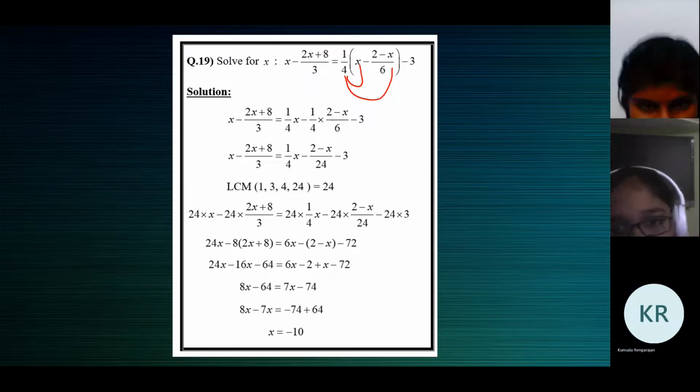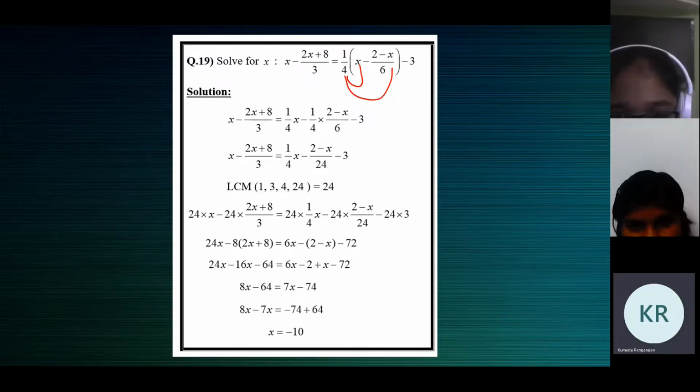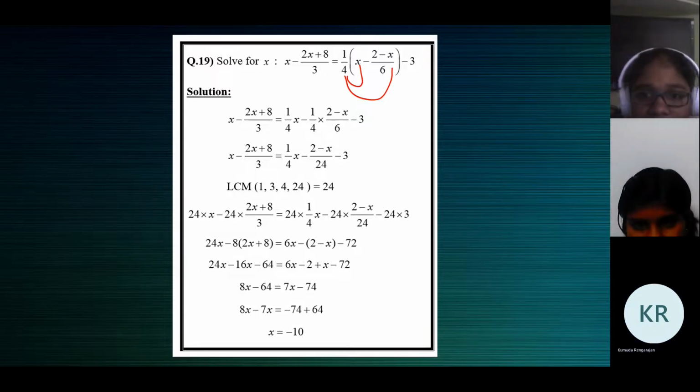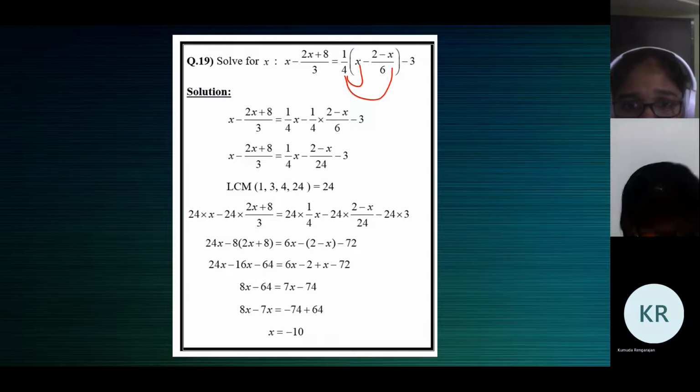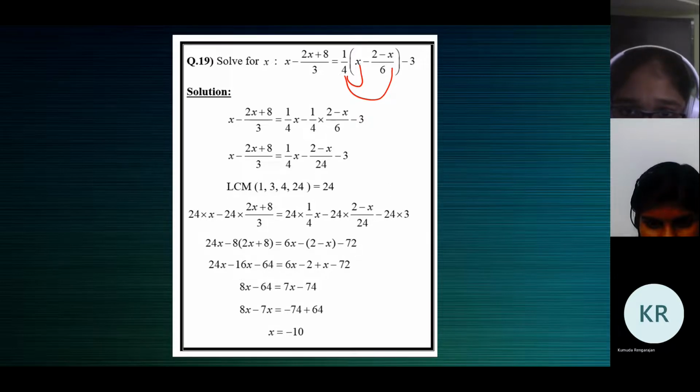Ma'am, can you tell one more time? Yeah, Nandana, tell me, what did you understand? How do you remove the bracket here? What is outside the bracket? Bhavishya, what do we have outside the bracket? Ma'am, 1/4.